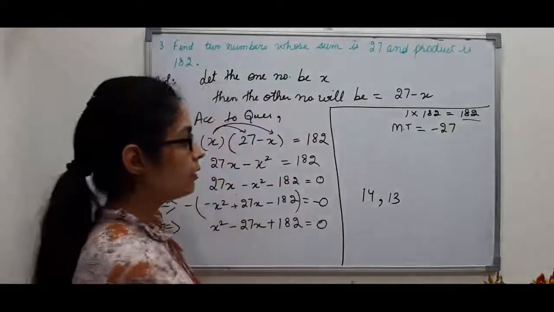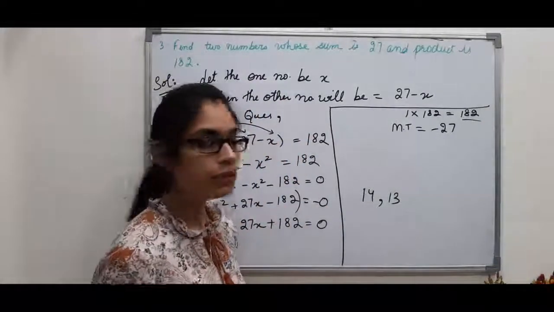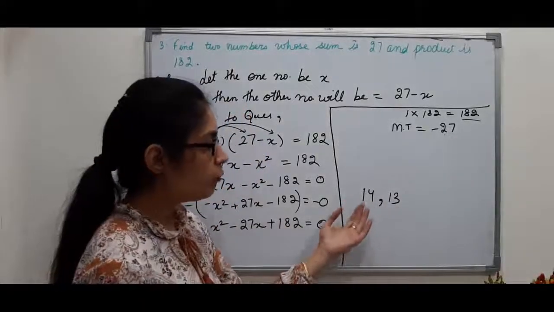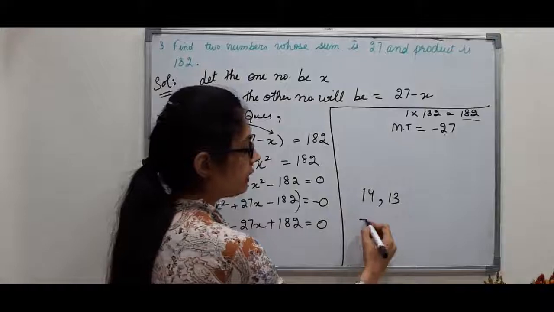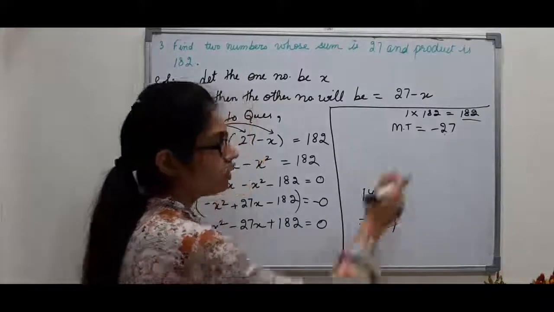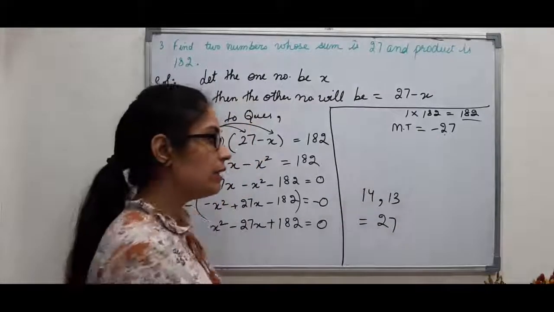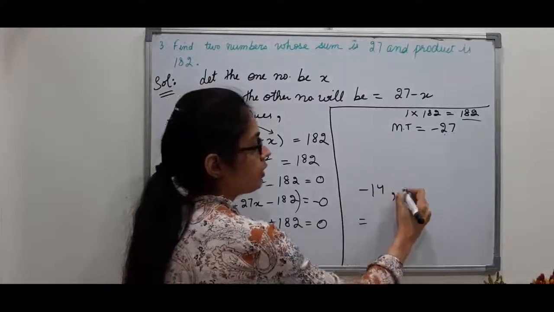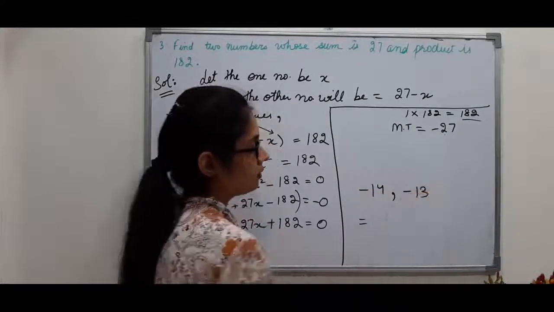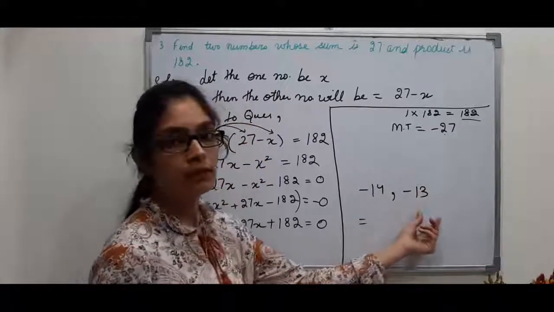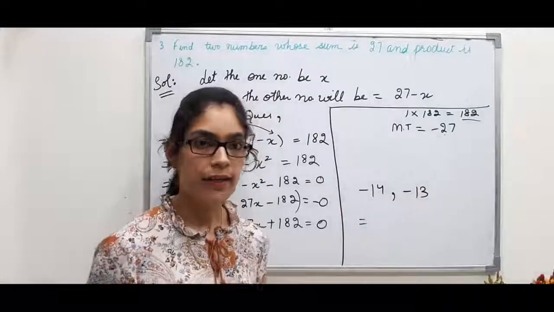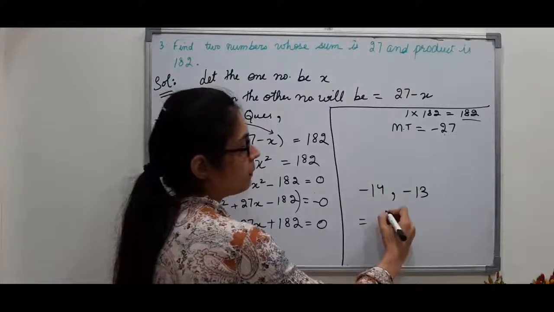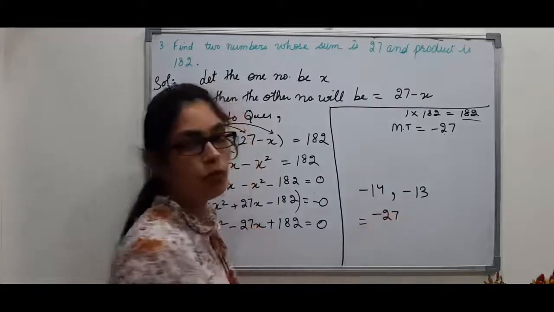But I need those two numbers whose addition or subtraction should be equal to minus 27. But if I add 14 and 13, I will get 27. I need minus 27. Now I know if I change the sign to minus 14 and minus 13, minus 13 minus 14 will be 27 with the sign of minus.